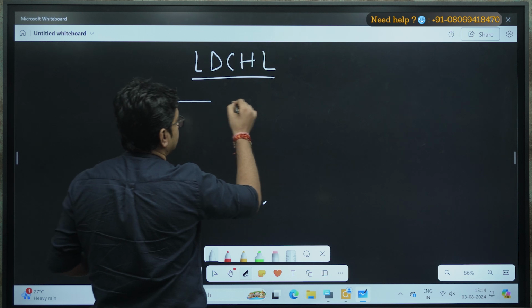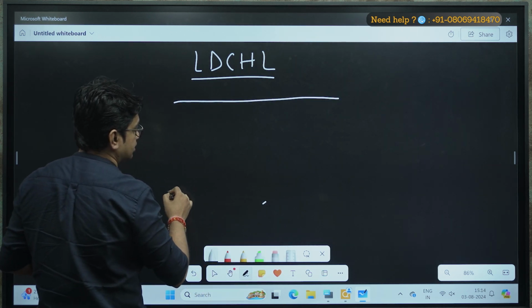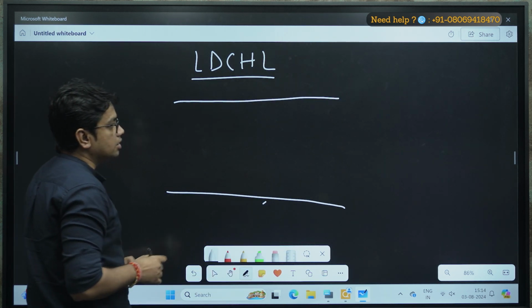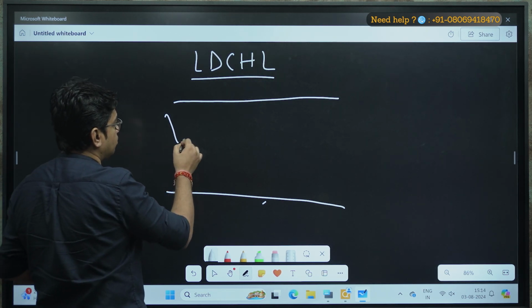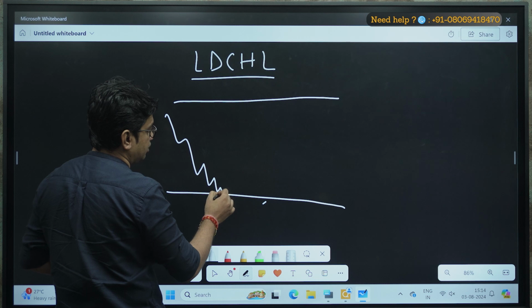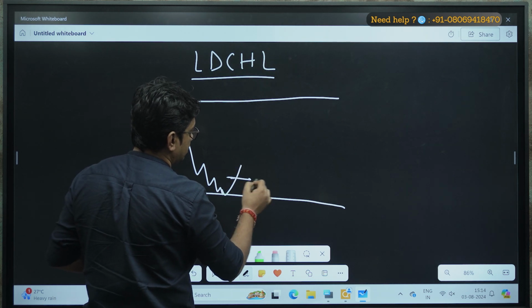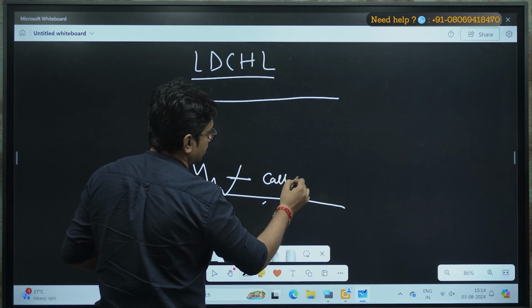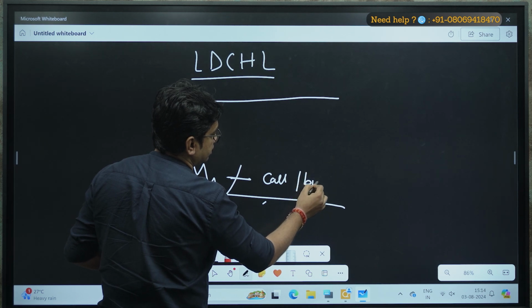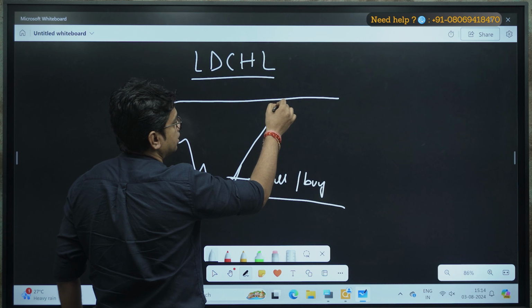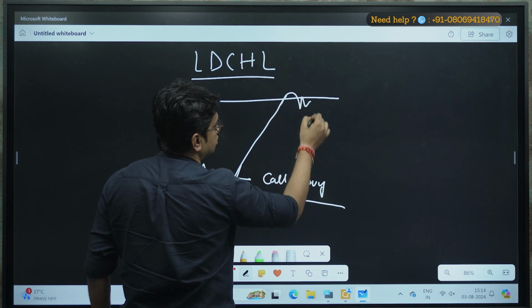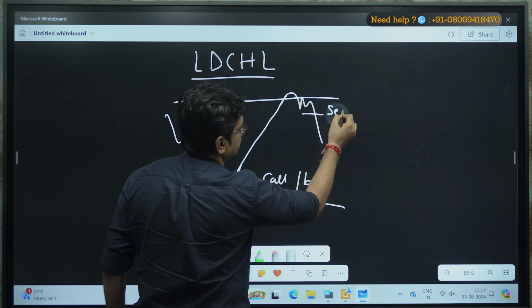So this is a resistance and this is the support. Here is a very simple rule. If the price comes over here and bounces back, we take a call option, which means we take a buy trade. Whenever it comes near the resistance and bounces back, we take the sell trade.